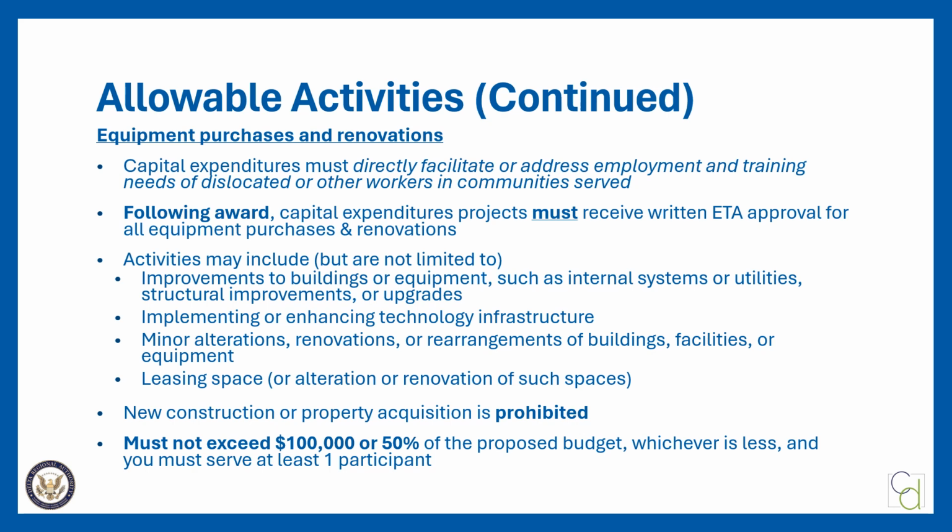And note that the budget for allowable equipment purchases and renovations cannot exceed $100,000 or 50% of your budget, whichever is less, and that you will be expected to serve at least one participant during the implementation period. So see pages 14 and 15 of the FOA for more detail on equipment purchases and renovations.